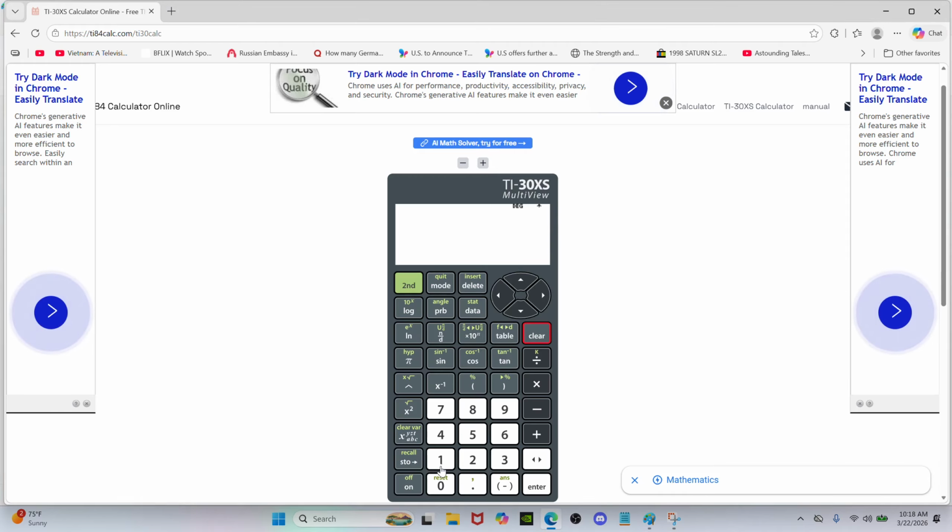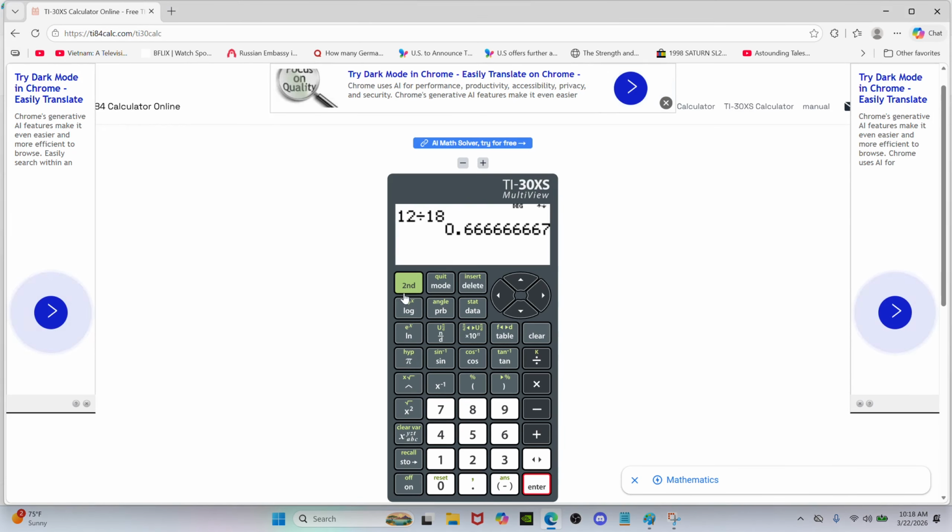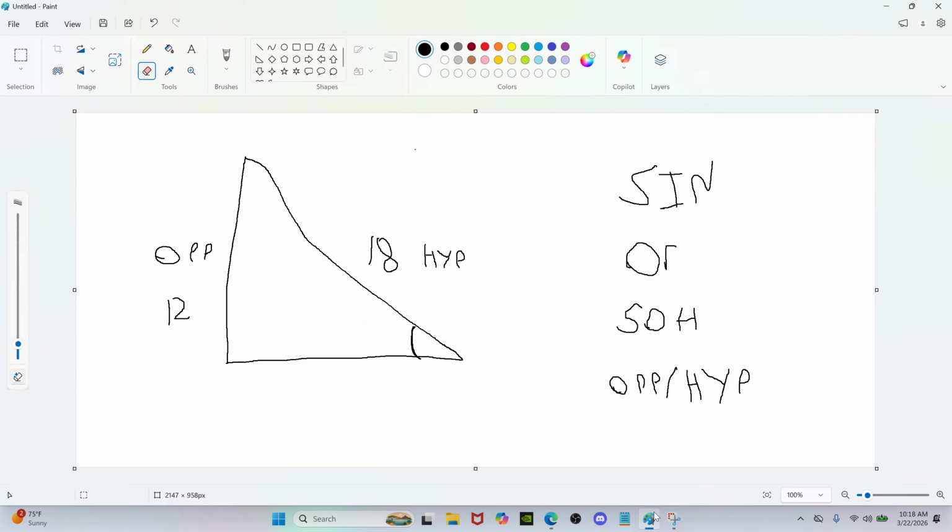So we'll just do 12 divided by 18. Now, to solve for the inverse, what I want you to do is simply click second, sine, because we're still following the SOH-CAH-TOA rule. So we'd press sine on the calculator.